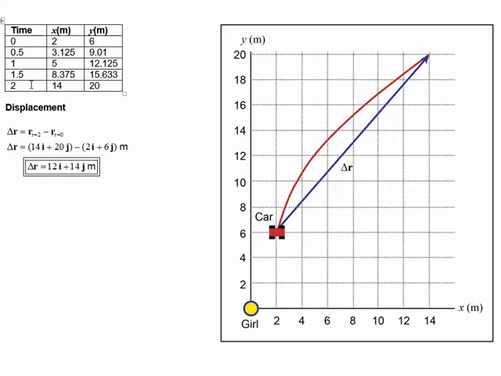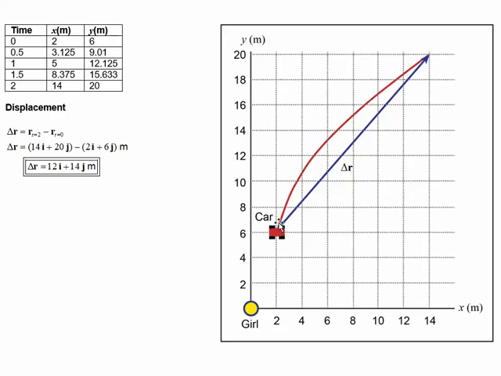And this allows us to plot the position on the xy plane. So at time t equals 0, we have 2 and 6. At time 0.5, we have about 3.125 and 9. So we plot it there, and we go on and we get this red curve. So this is how the car is going to move along the cement.